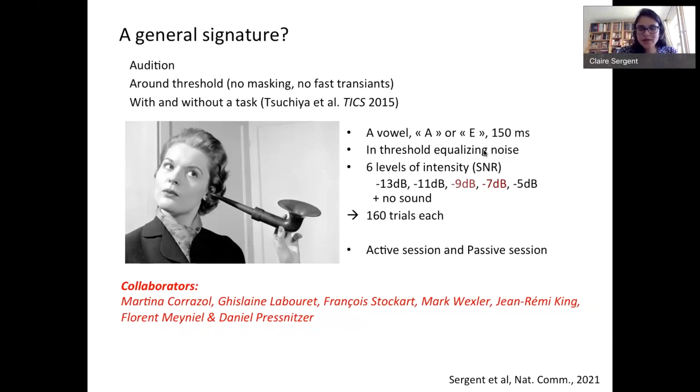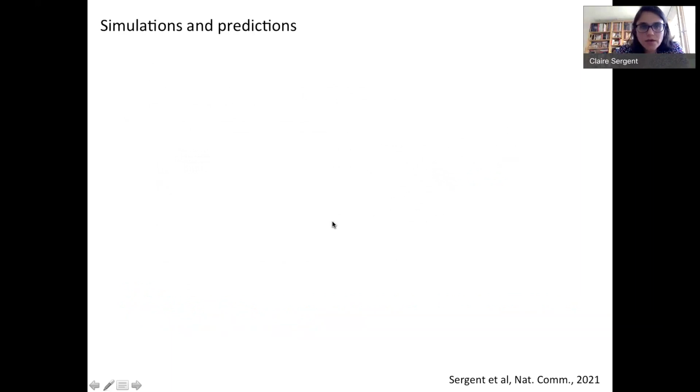In the passive sessions, the moments where they were listening to the stimulus were exactly the same, but at the end of each trial, instead of having a task to do on the stimulus, they had to perform a quiz, or make some mind-wandering judgment, something completely unrelated to the target, and they were informed that the vowels were irrelevant for them.